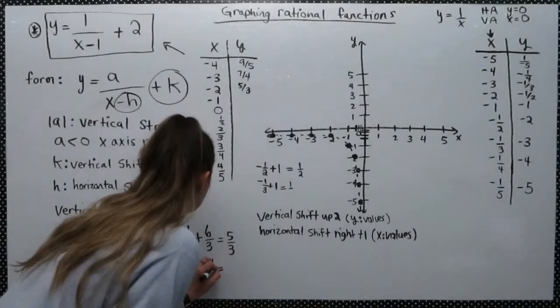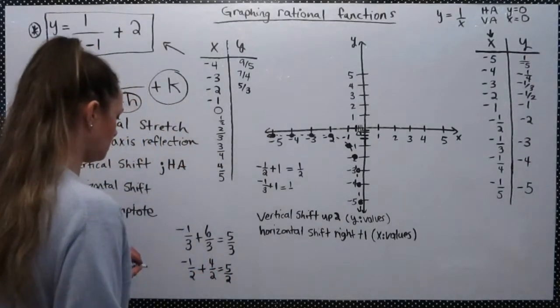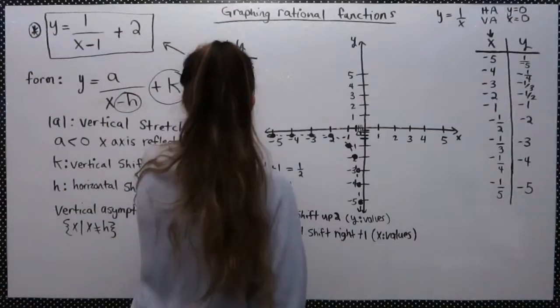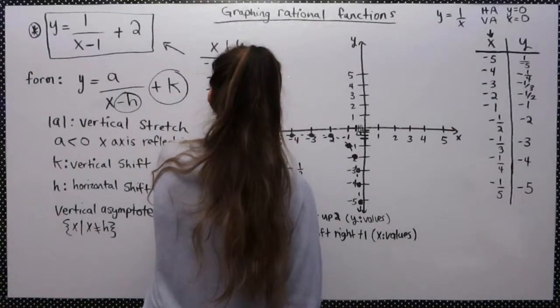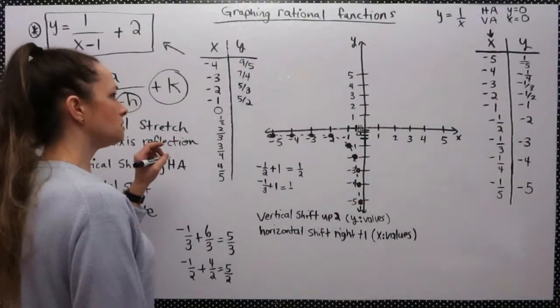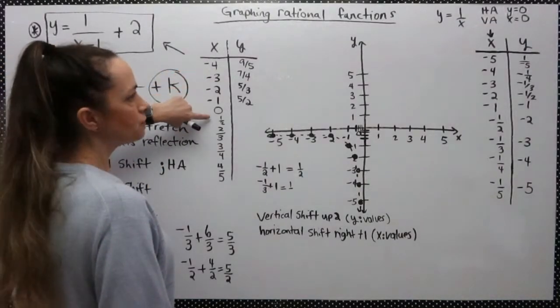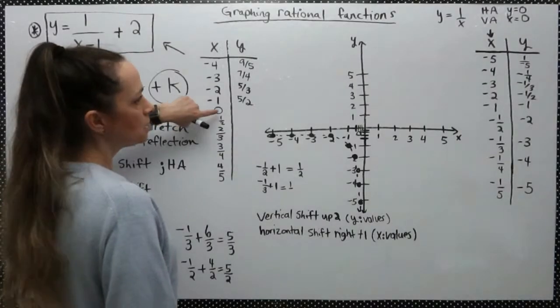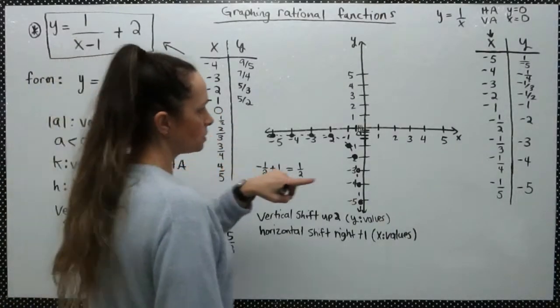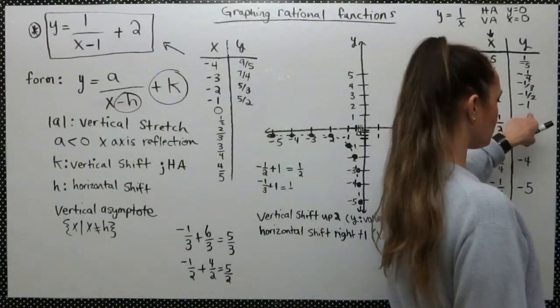So that's going to be 5 halves, positive 5 halves. And then, so that's 1, 2. So the fourth one is going to be -2. So that's a whole number now. So we're good. We're back to whole number land. So no more adding fractions.